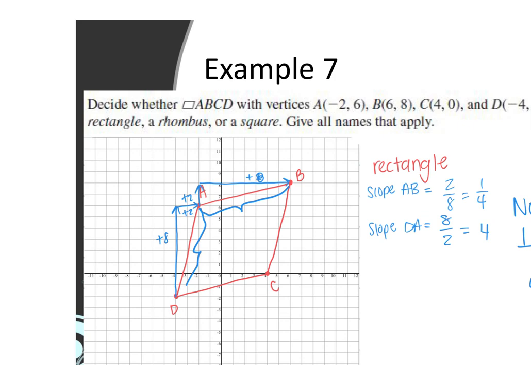So AB, if it's a parallelogram, has to be congruent with which other side? DC. So we already know that. What we need to prove is that two sides that are next to each other in the figure are congruent. Once we prove that, we know it's a rhombus. Because doesn't AD have to be congruent to BC? So we know that all of them are congruent if we can prove that two that are next to each other are congruent, the same length.